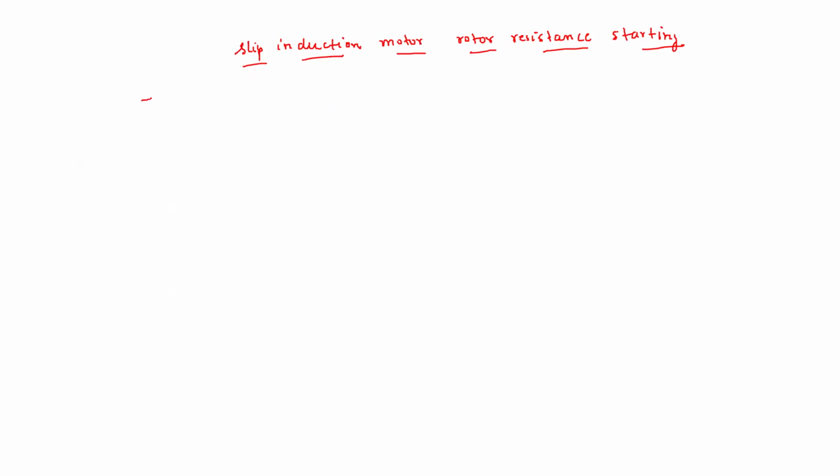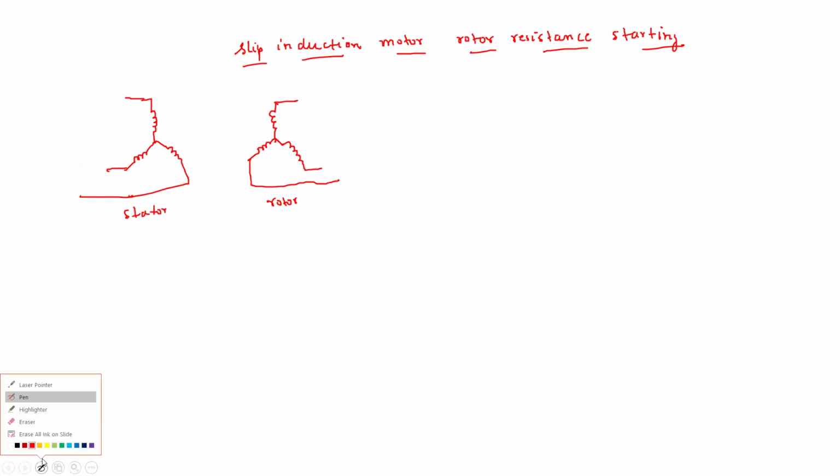So I will draw the slip ring induction motor. Let us say this is the stator of the slip ring induction motor, and then you have the rotor of the slip ring induction motor. We have seen that in the slip ring induction motor, in the rotor circuit, let me write, this is rotor, this is stator, you can connect some external three-phase resistances, let us say.